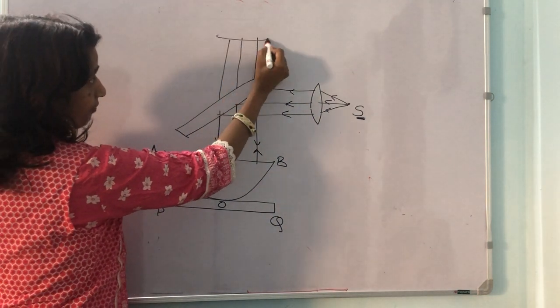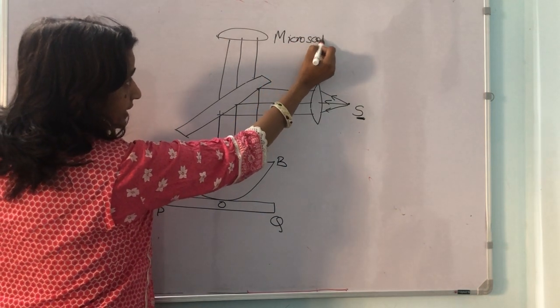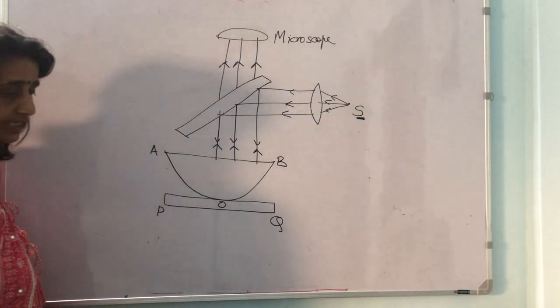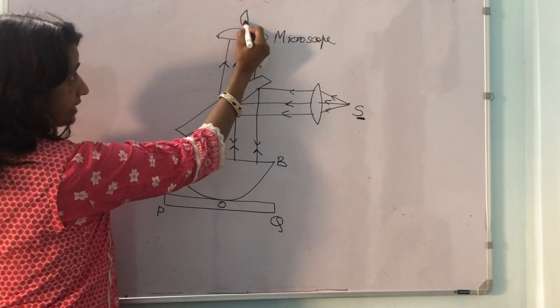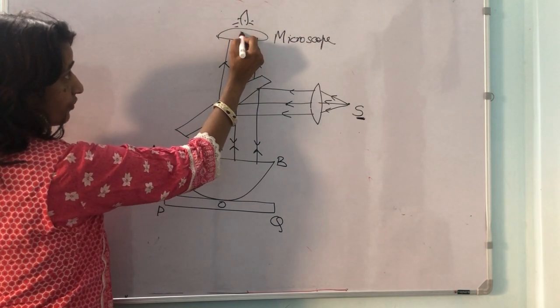Here we have placed a simple microscope where the interference occurs due to these rays, because of which our eye is here, and we are able to see nice circular fringes.